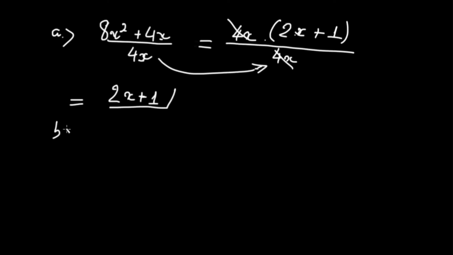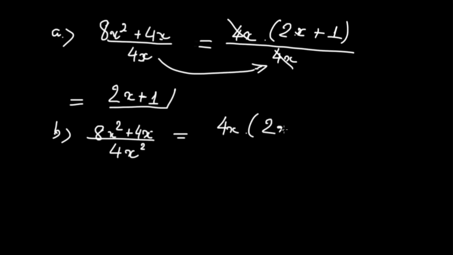Look at question B. We have ax squared plus 4x divided by 4x squared. We see 4x in the numerator. We can put it outside, times ax squared divided by 4x. You got 2x. 4x divided by 4x, you got 1.